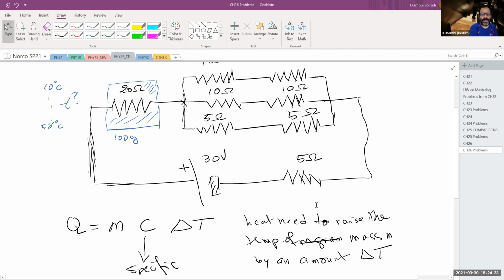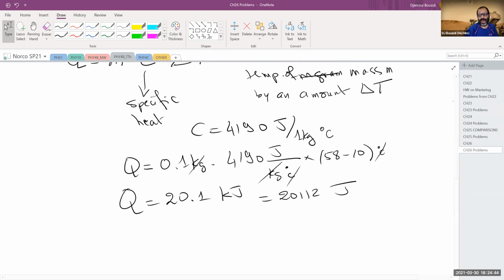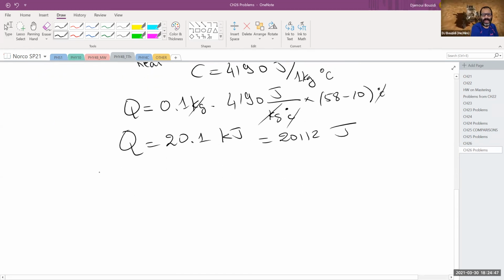If I can find the current that is coming through the circuit, which is the same current going through here, I can find the power in this resistor, which is just Ri squared. We showed this one today, that this is Ri squared. This is the power. Since I know how much energy, the power and the energy are related to one another as, in this case, Q is equal to power times time.